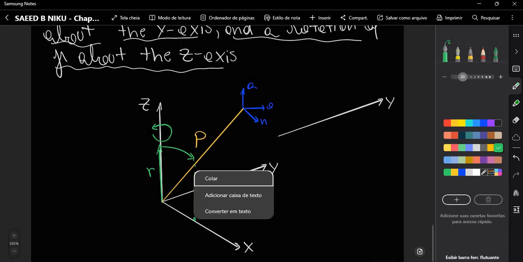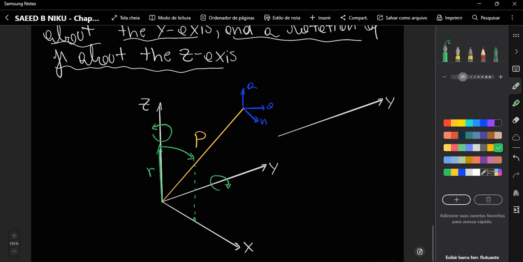So right now we are on this point because it's pointing towards this x-axis. And the last and third transformation is another rotation of gamma about or around the z-axis, and it helps if we draw this arrow, so we have a sense of in which direction the arrow needs to be pointing. So it is something like that.